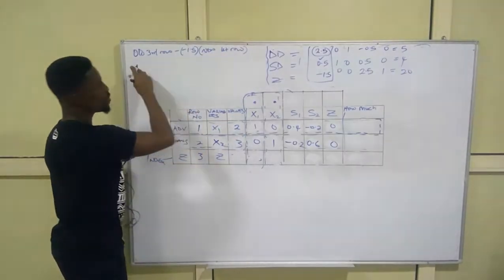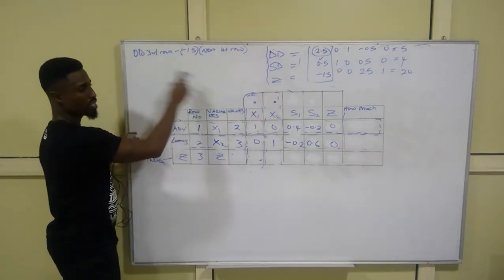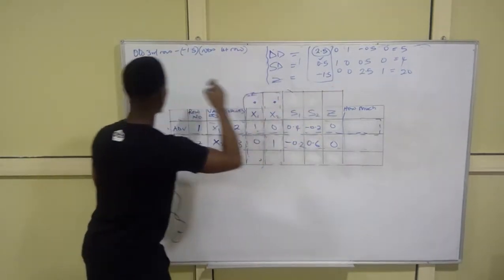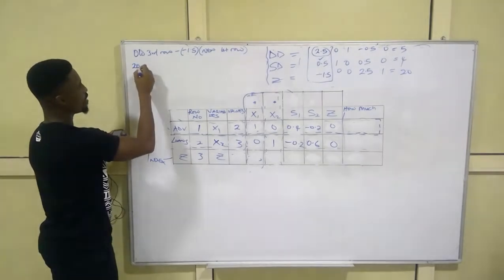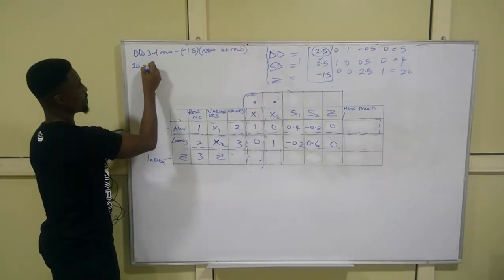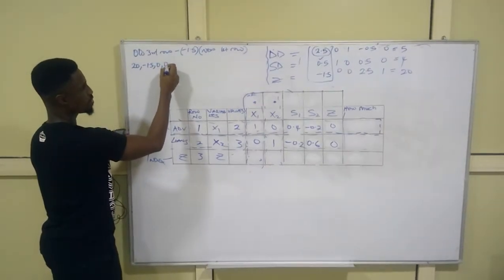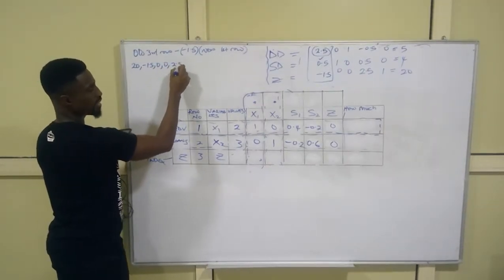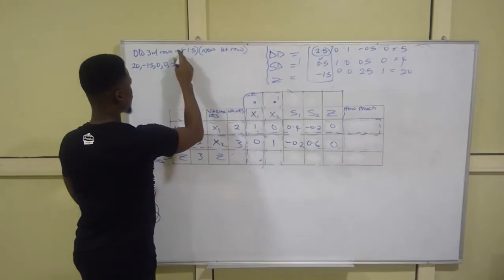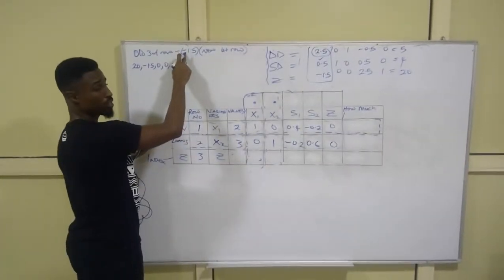So what we have is our old third row, which from the back gives us 20, 1.5, minus 1.5, 0, 0, 2.5, and then we have 1. Then when this minus collides with minus, it becomes plus.